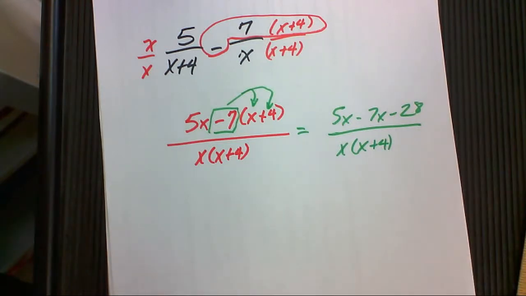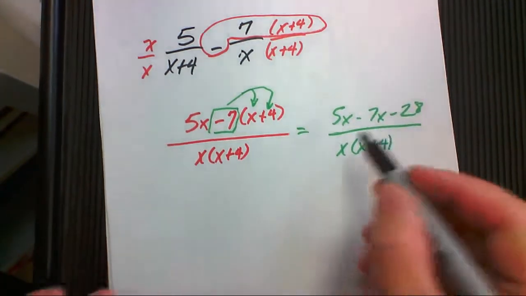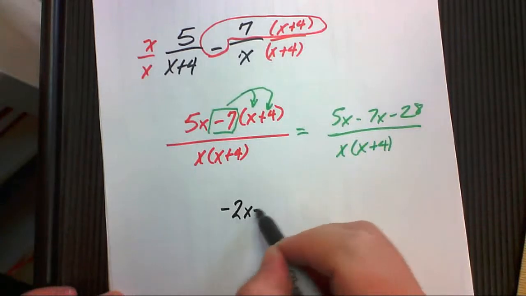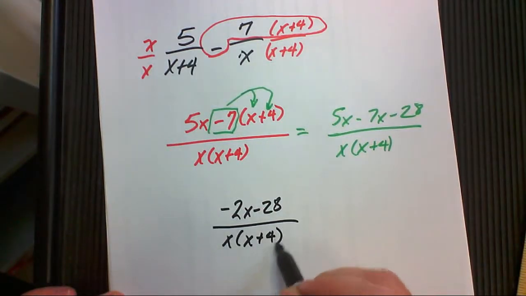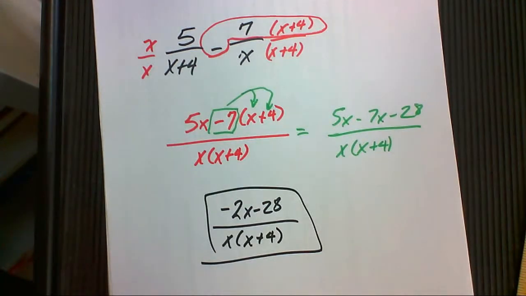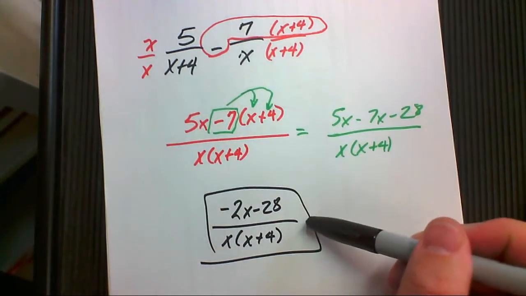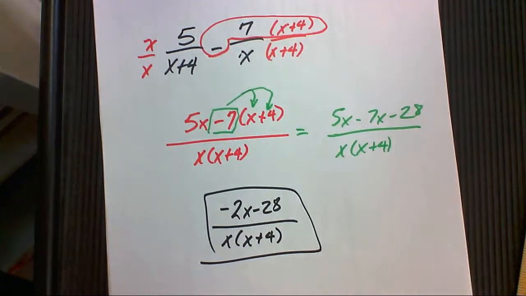Again, we're not distributing in the denominator, just the numerators. Combine like terms right here, you get negative 2x minus 28. There you go. Now later we're going to be doing more stuff with this, but as of right now, since we're just introducing these algebraic fractions, that is going to be our final answer. We're done.